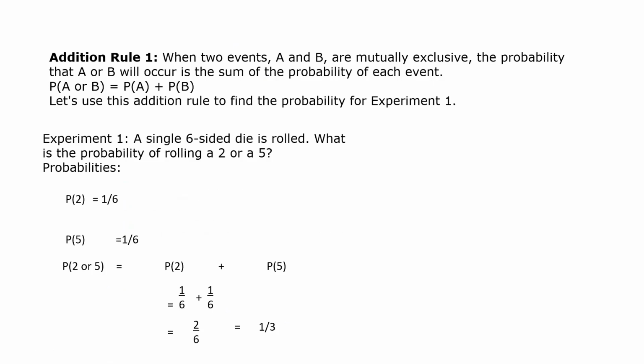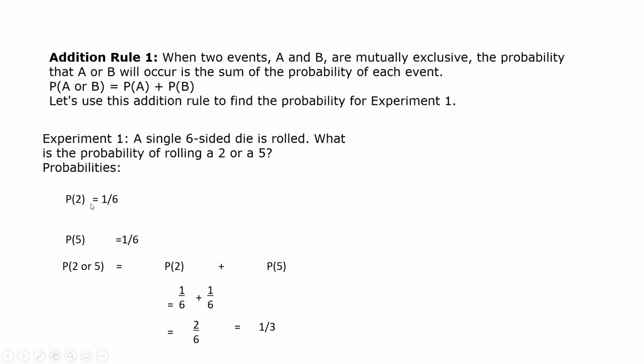Likewise in this example, when two events A and B are mutually exclusive, the probability that A or B will occur is the sum of the probabilities of each event. Okay? So let us use this addition rule to find the probability for experiment 1. Experiment 1: a six-sided dice is rolled, and what is the probability of rolling 2 or 5?